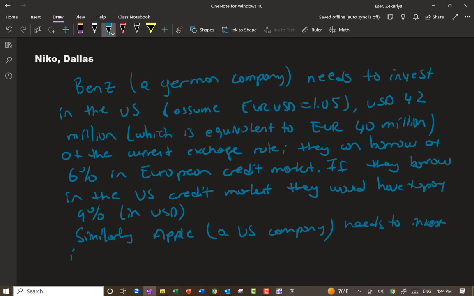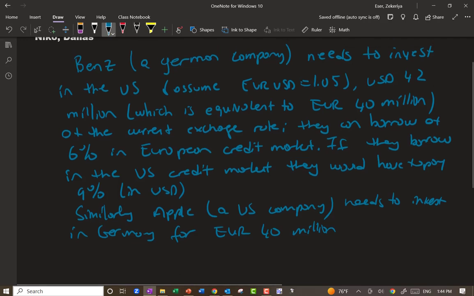Needs to invest in Germany for 40 million euros. Equivalent to 42 million in US dollars.